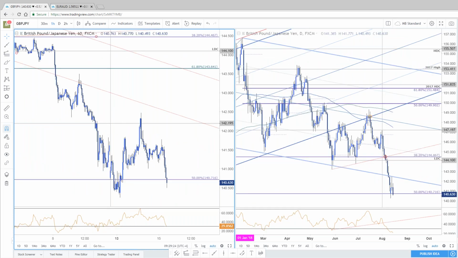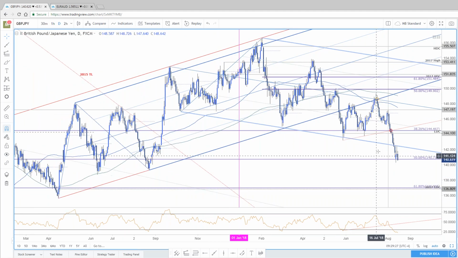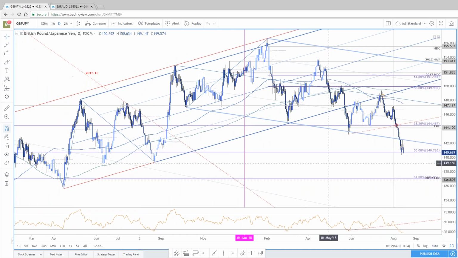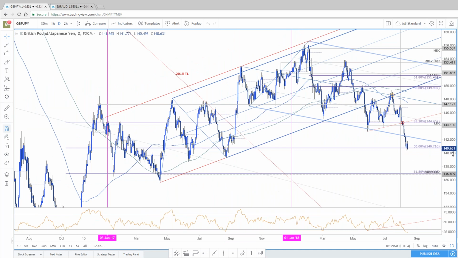So here's the dragon, as they call it. Downside break. Wow, look at that slope tag. Lower median line parallel, support, break, acceleration, resistance, push lower, oversold condition. Yikes.